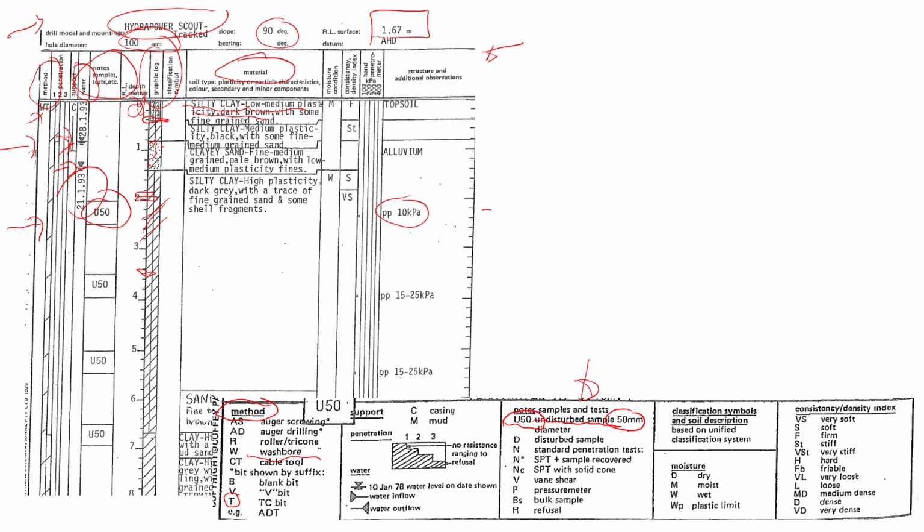The boundary was from the surface until about 50 centimeters down. So that's where this soil layer was found. And then you see from 50 centimeters to 1 meter, here we have this material, which is the silty clay, medium plasticity, black with some fine to medium sand, right?